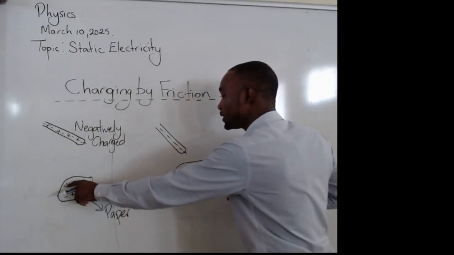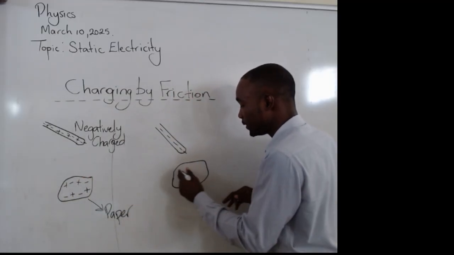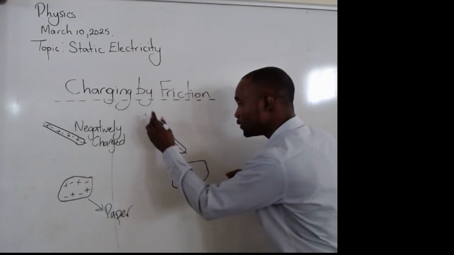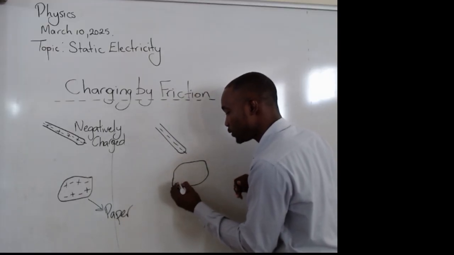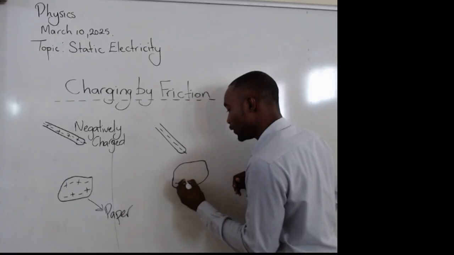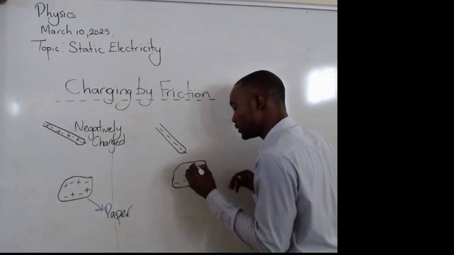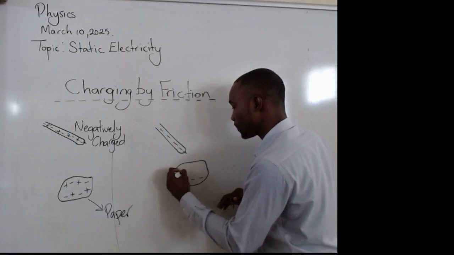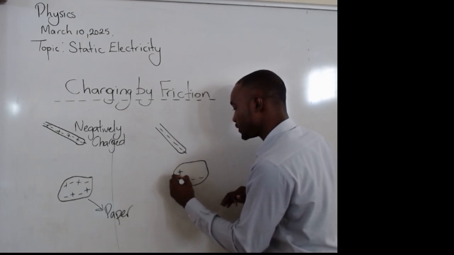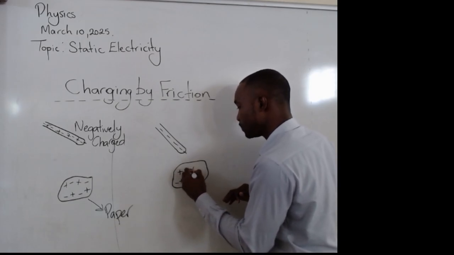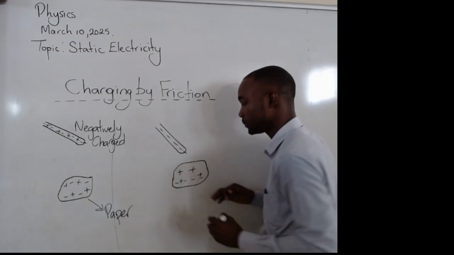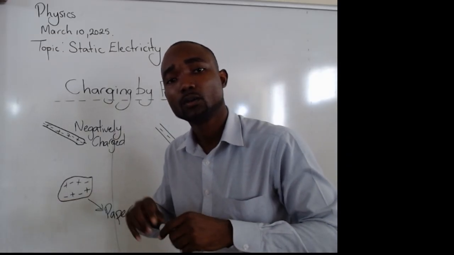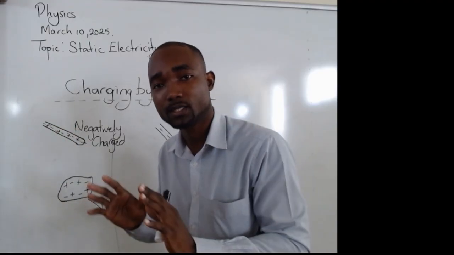So the electrons that are on the surface of this paper will seek to move as far as possible from this negatively charged pen. So all 4 electrons will seek to move as far away as possible, thus exposing the atoms with just the protons in the nucleus.